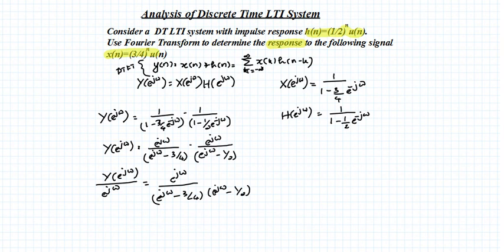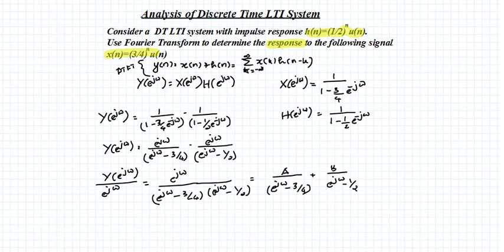Now I need to perform the partial fraction, so that I can write a by (e raised to j omega minus 3 by 4) plus b by (e raised to j omega minus 1 by 2). Now I need to make the LHS and RHS equal, so I need to take the LCM.